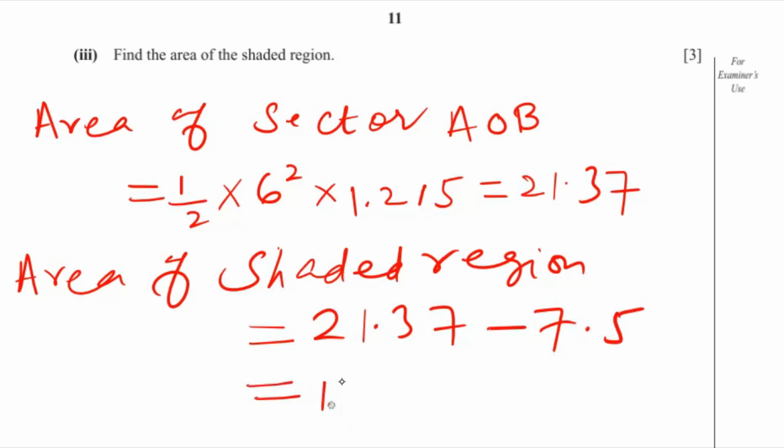You will get 14.4 centimeter square, and this is our final answer. So hope you understand the entire question. Total marks are 2 plus 4, 6, plus 3, 9.